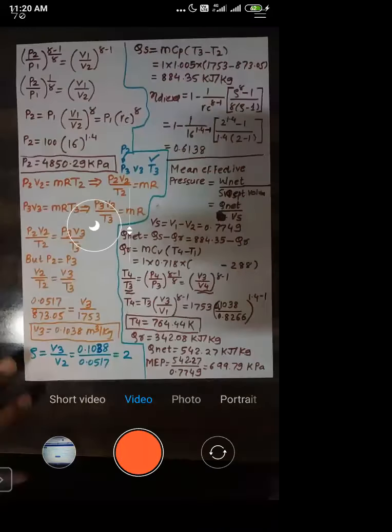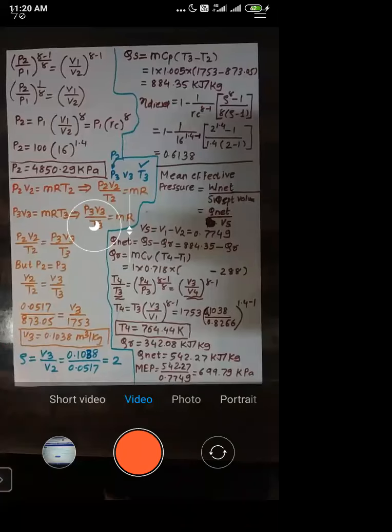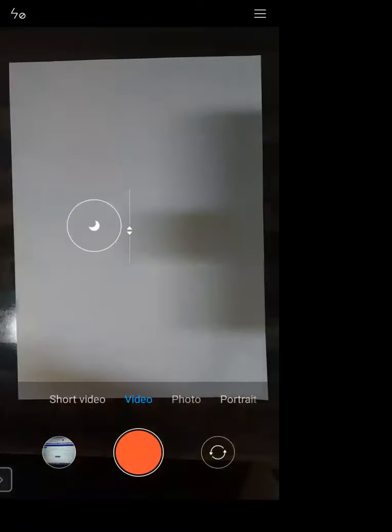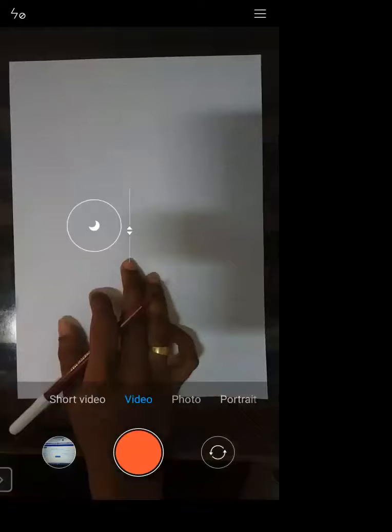So this was a numerical on the diesel cycle. We started with the expression for the Otto cycle, then a numerical on the Otto cycle, then we saw the diesel cycle. Now let us take one more numerical, on the dual cycle.